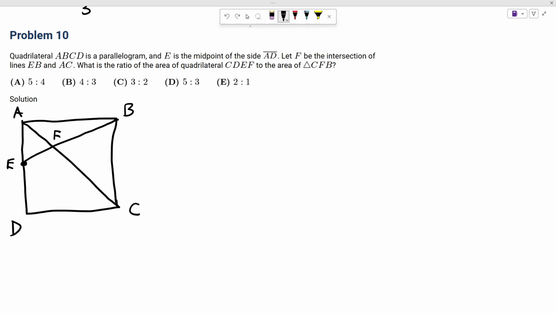So what we can see now, how do I want to do this? Okay, so what we can see now is that this angle is equal to this angle by vertical angles. And this angle is equal to this angle because they're both 45 degrees, and also because AD and BC are parallel. So that means that AFE is similar to CFB.